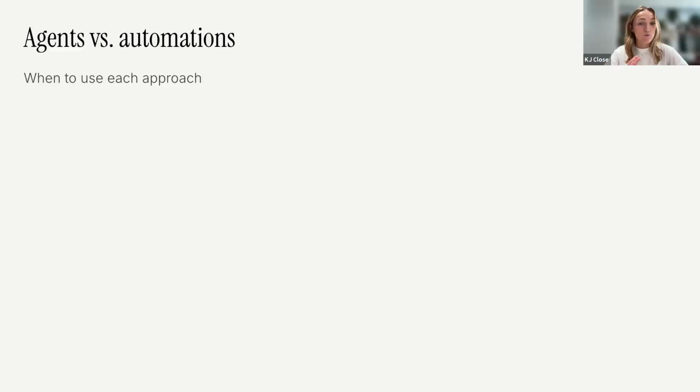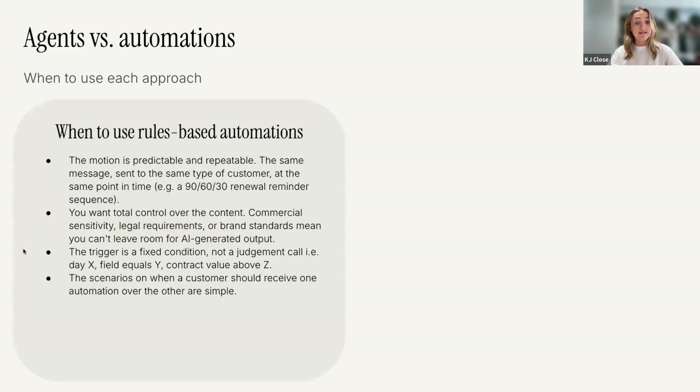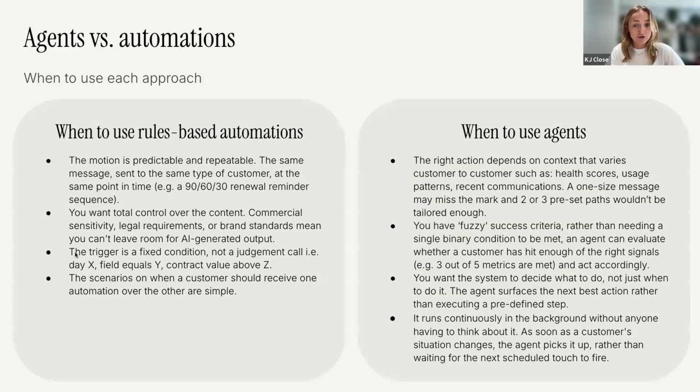So one question that we get asked a lot is, how do I know when to deploy an automation versus an agent? So to start with, an automation is a linear, predefined flow. It can have branches and different rules, but you're basically building templated tasks on very rigid sets of criteria. An agent has much more flexibility and can design the path or the flow per customer in real time.